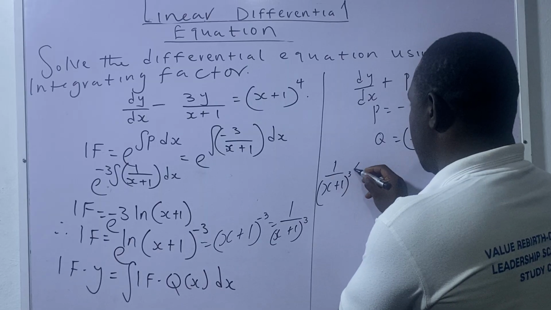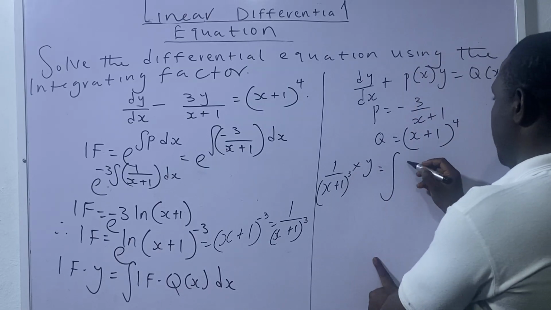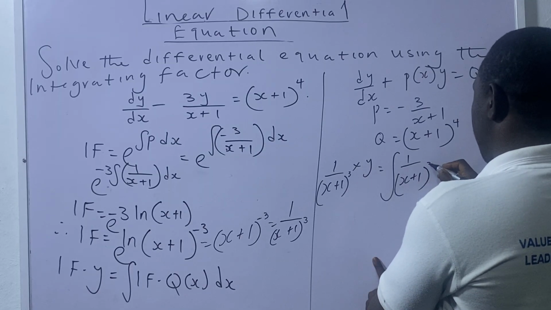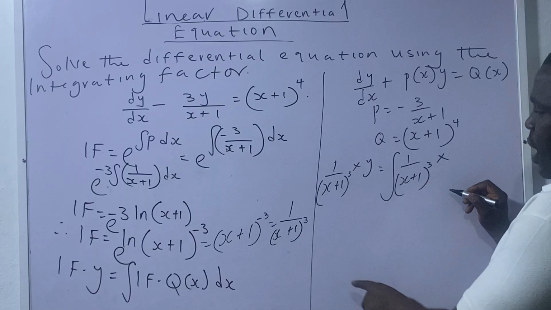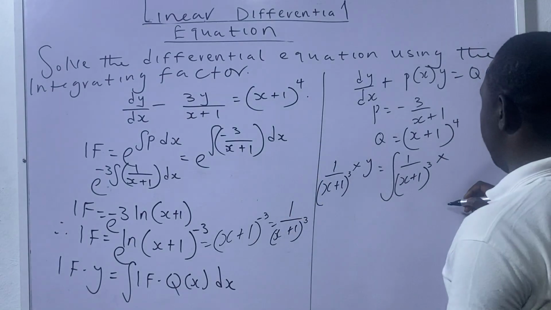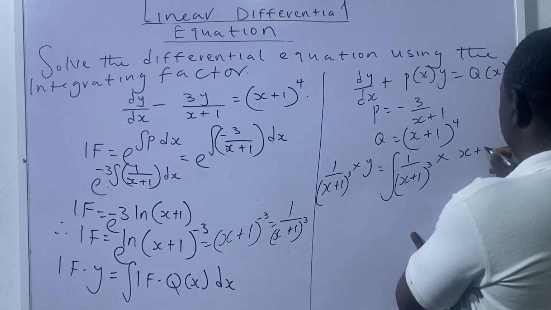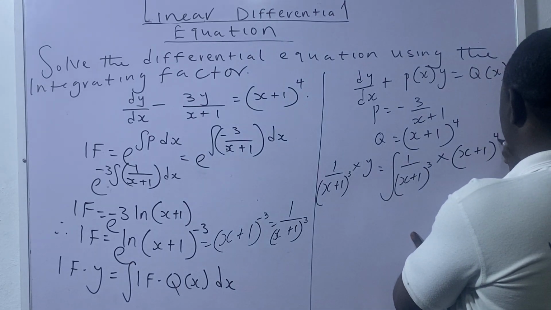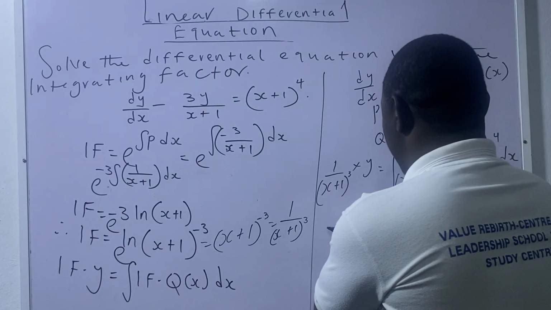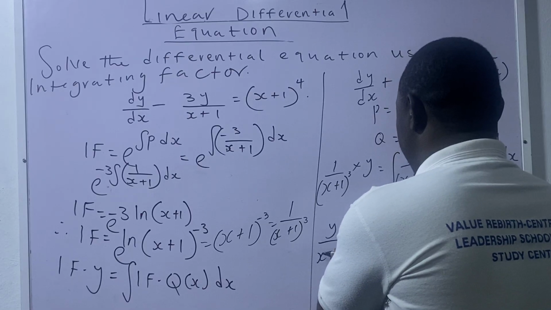This is it, multiplied by y, equals the integral of this then multiplied by q, then dx. Wow, this is interesting. So we have our y plus this.